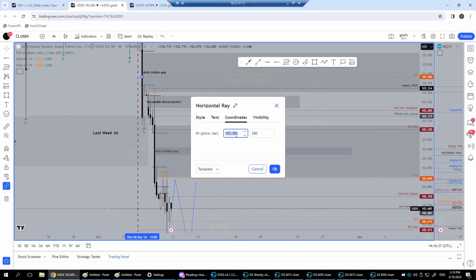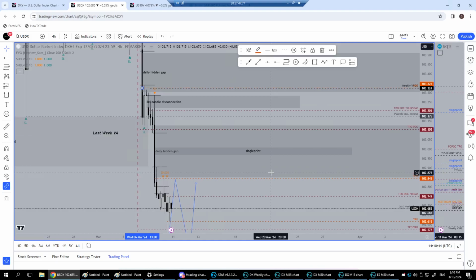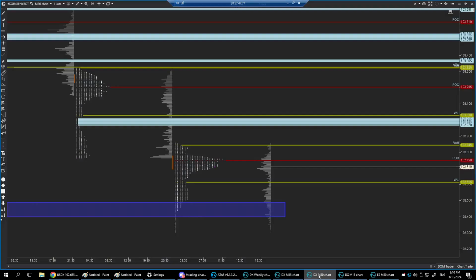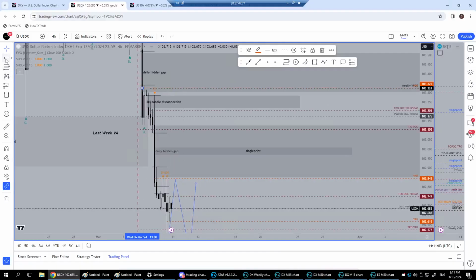Or every couple of days, just depending what happens. Like Monday, I probably won't update it. Then after CPI, I'll probably update it. You know what I mean? Yes. It might smash all the levels, but it's good to have an idea of where the CPI may take us, because we can always trade it.